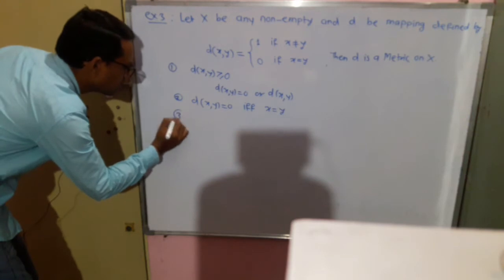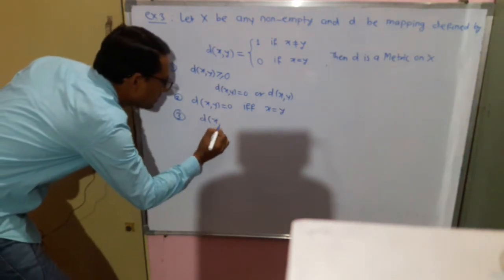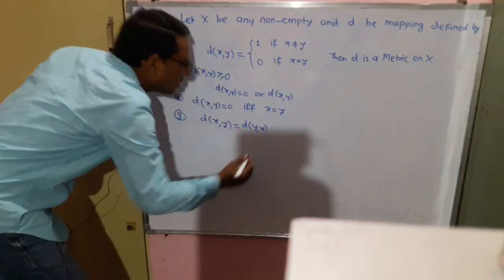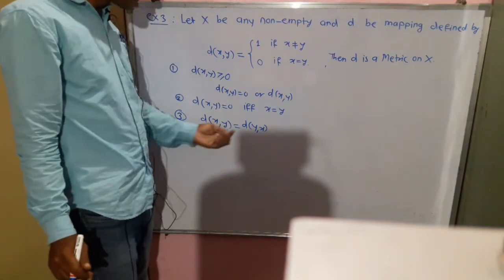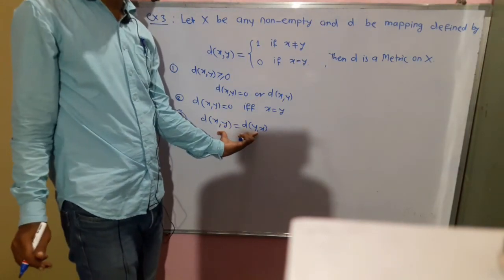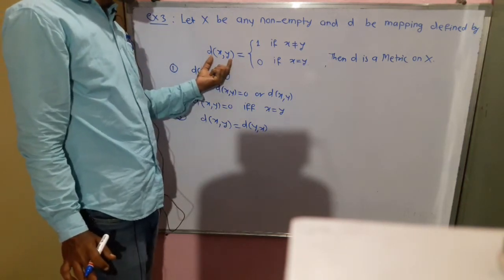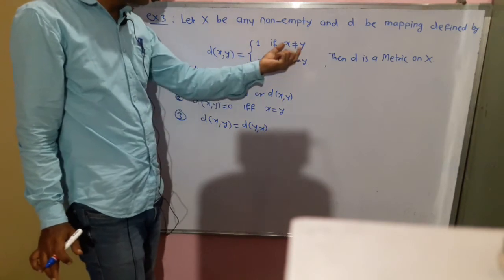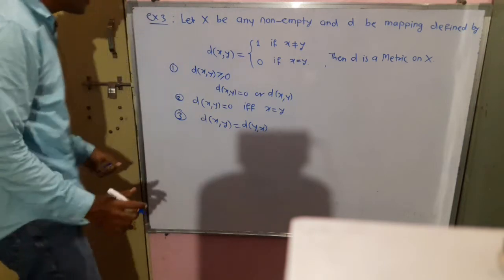The third condition is symmetry. We want to prove the distance between x and y is equal to the distance between y and x. We prove the symmetry condition for 2 possibilities, because the function has only 2 values, either 1 or 0. Either x and y are distinct, or x and y are equal.